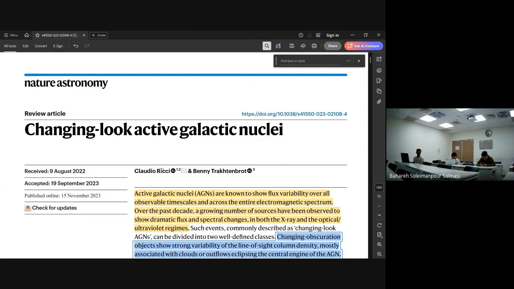He explains why this obscuration, the changing look, is against the unification. And also, I think now it's more important because we have this data with various intervals. That's why it's possible that we can do this. If we only have one epoch of data, then it's not. Yeah. Thank you.